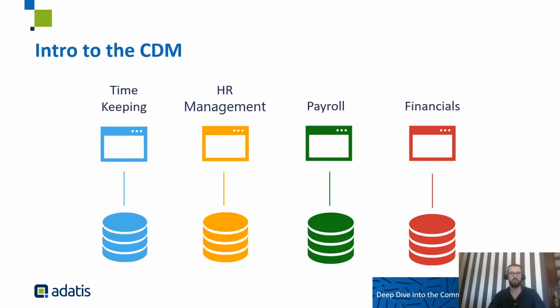Now, let's assume that we want to sync the employee information across the different applications. This is a very complex data integration project. Why is it? Because the application from timekeeping will have to access the data from the HR management, payroll, and financials, and the HR management will have to access all the others, and so on and so on.